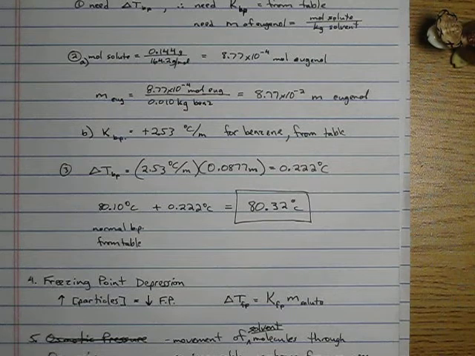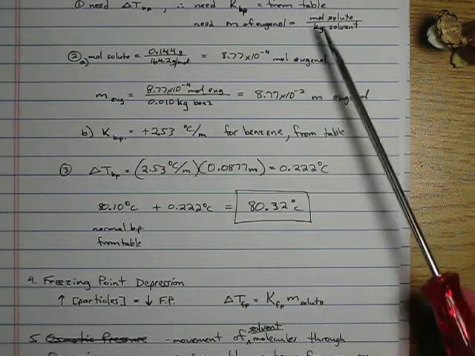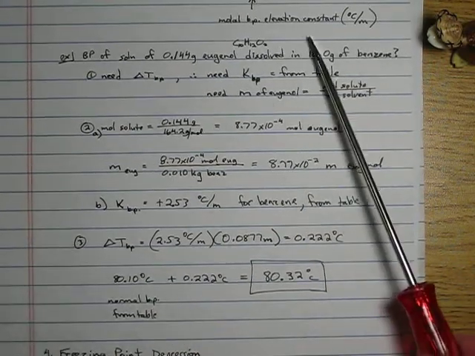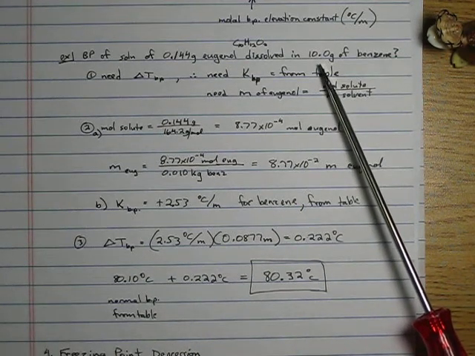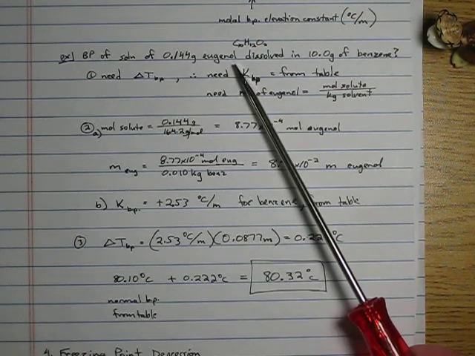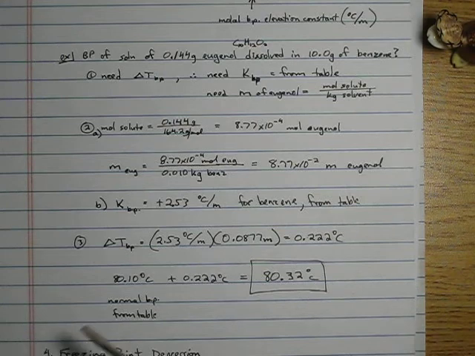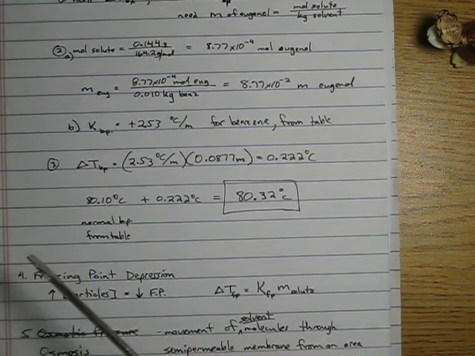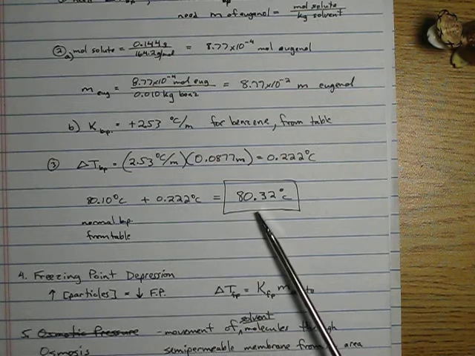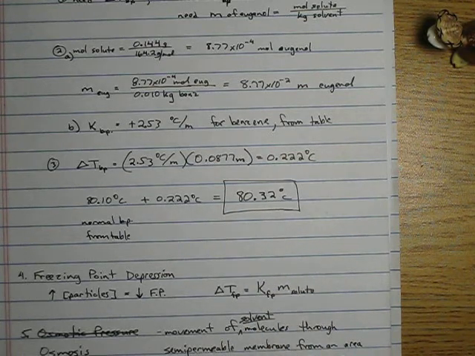Something to note, that is not a drastic increase in the boiling point. We had 10 grams of benzene, we added 0.144 grams of eugenol, and the boiling point went up from 80.1 degrees Celsius to 80.32 degrees Celsius.